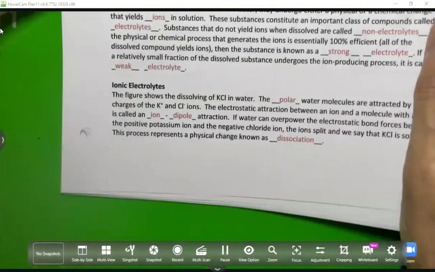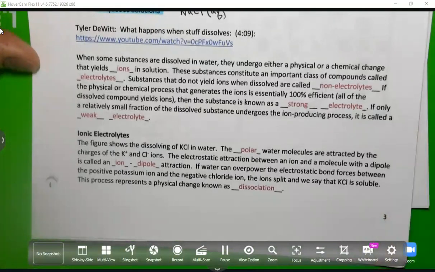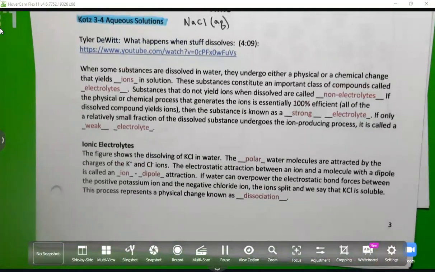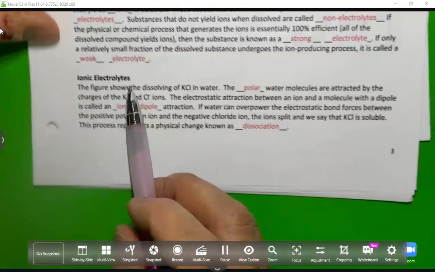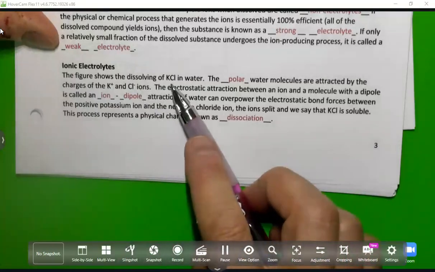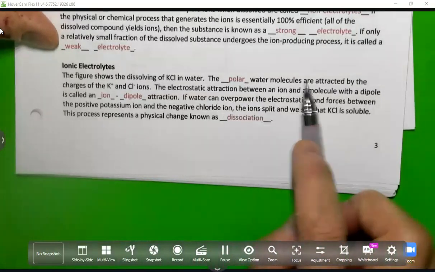So let's summarize. If things dissolve, they can produce ions in solution. Not everything forms an ion in solution. So ionic electrolytes. The figure shows a dissolvent of KCl in water. The polar water molecules.